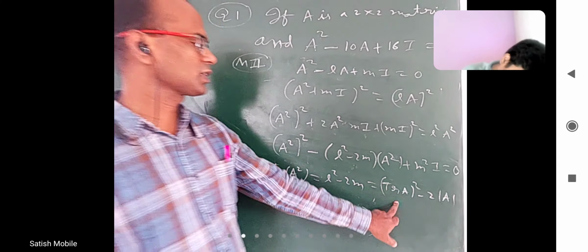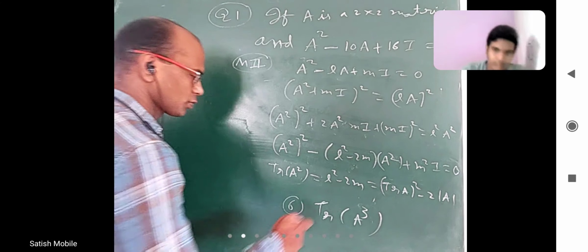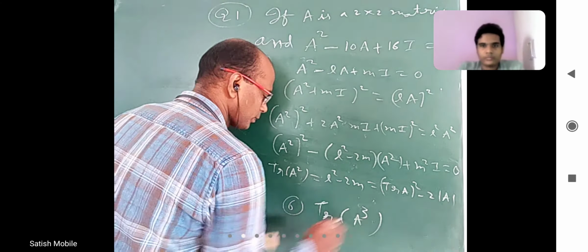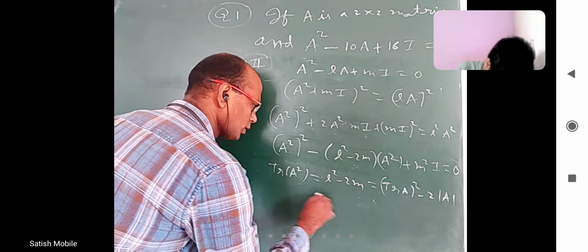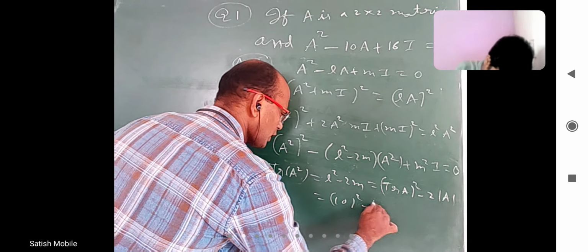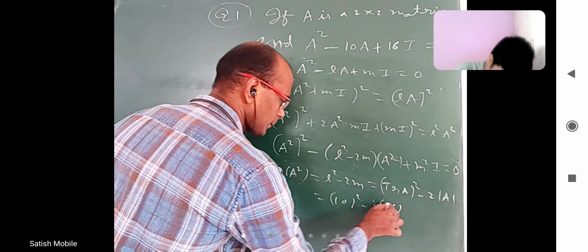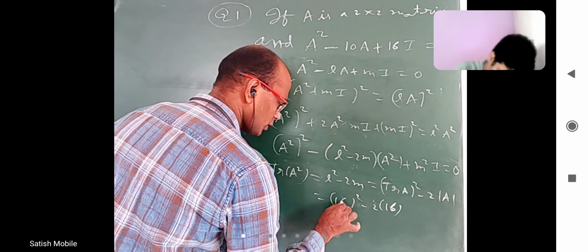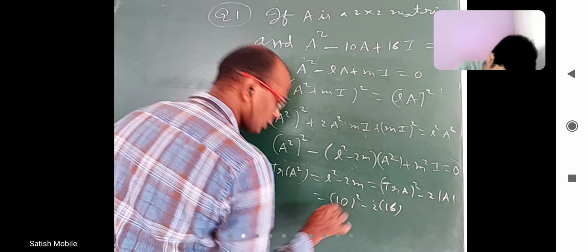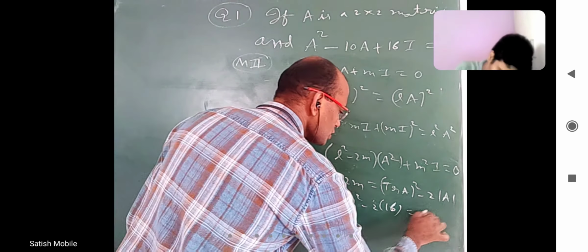Okay, that's what is 10 here and 16 here, same story again. 10 whole square minus 2 into 16. 100 minus 32 is 68.